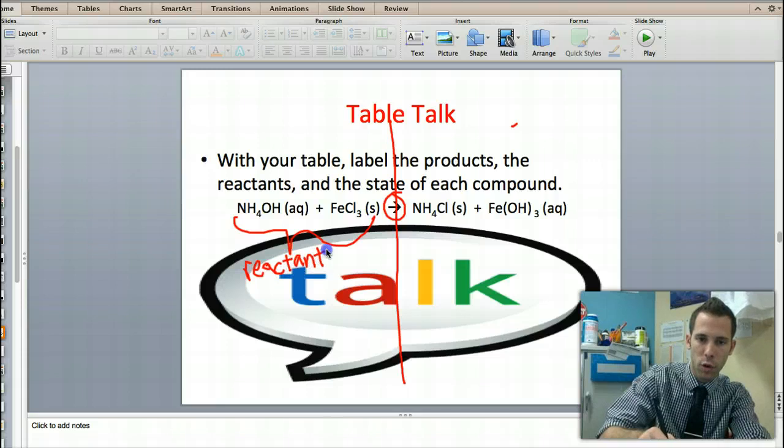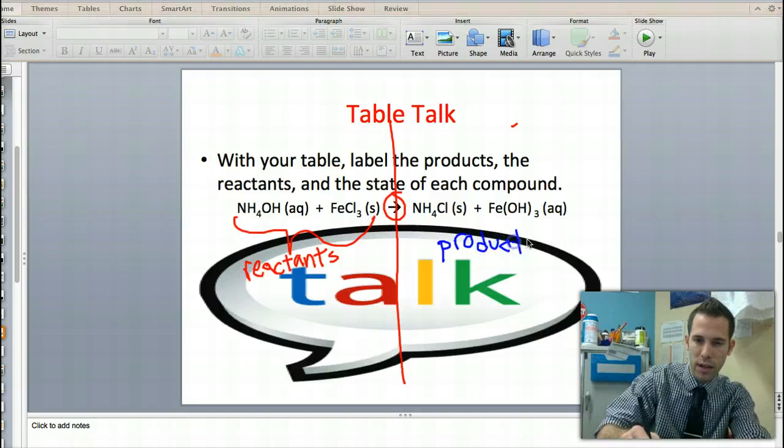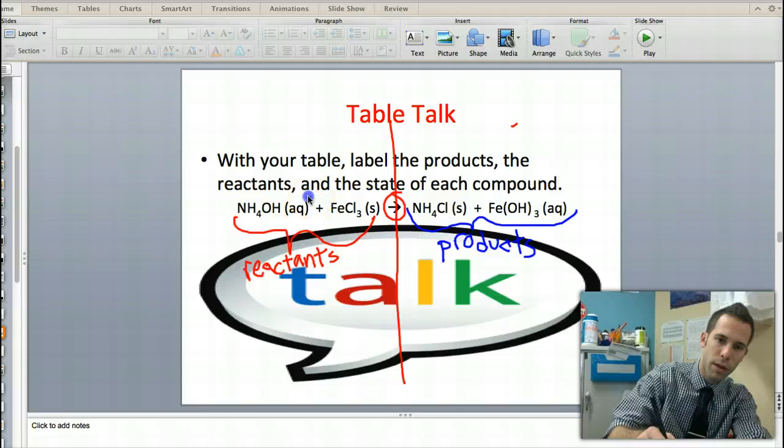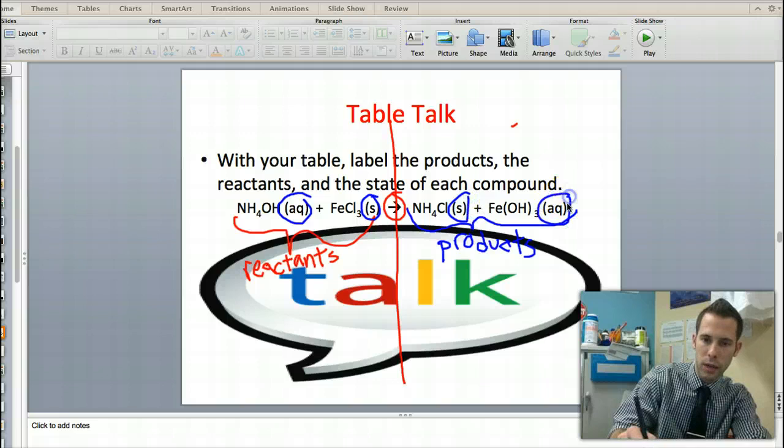And my products are formed on the right side of the arrow. So over here, I have my products. And all of my products are always listed, because the law of conservation of mass states that we need all of these again. And over here we have an aqueous substance, a solid, another solid, and another aqueous substance.